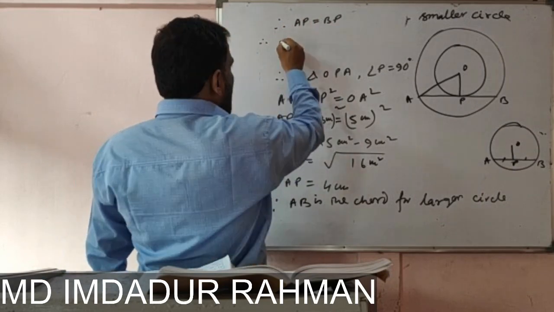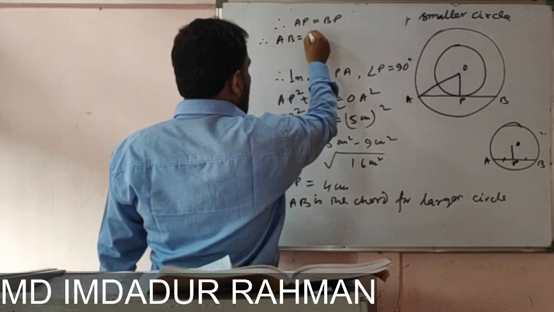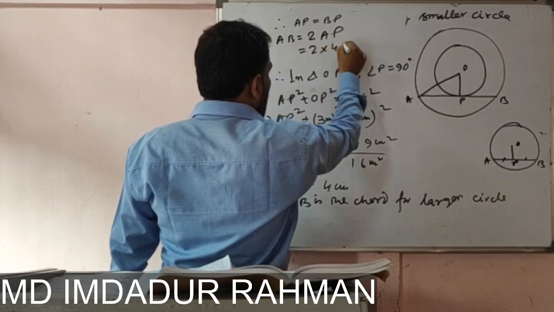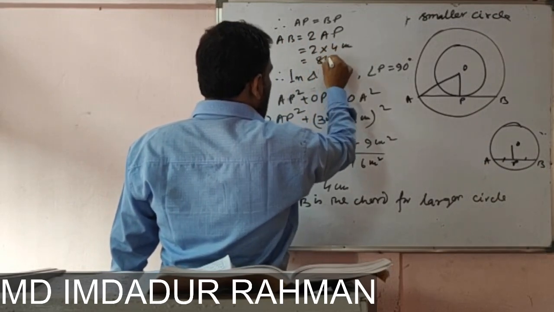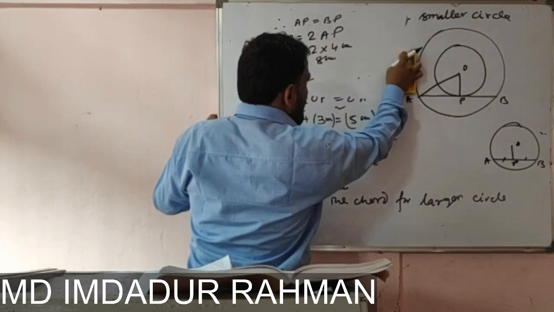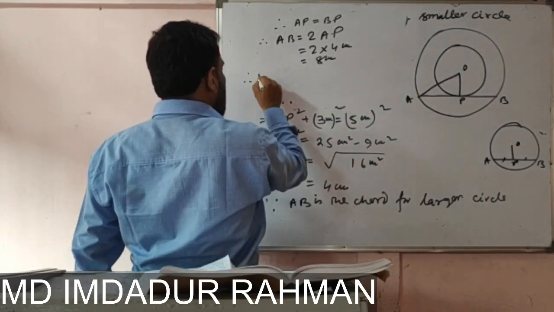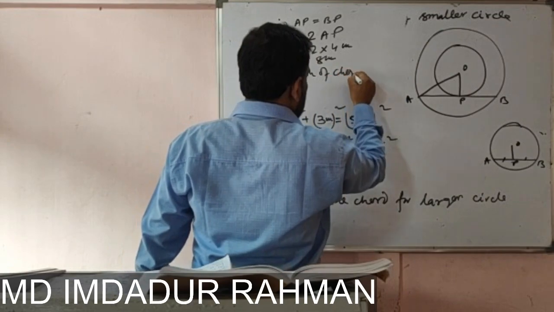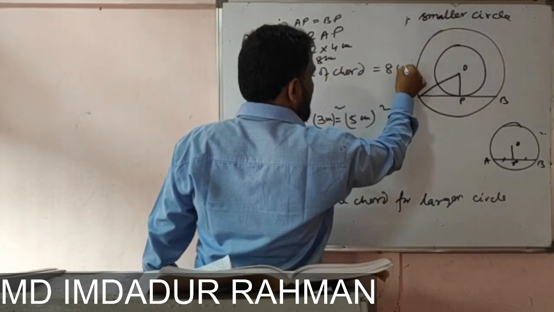Therefore AB is equal to twice of AP, which is 2 into 4 cm, that is 8 cm. So the length of the chord is equal to 8 cm.